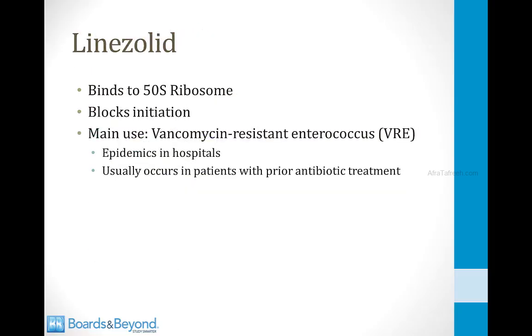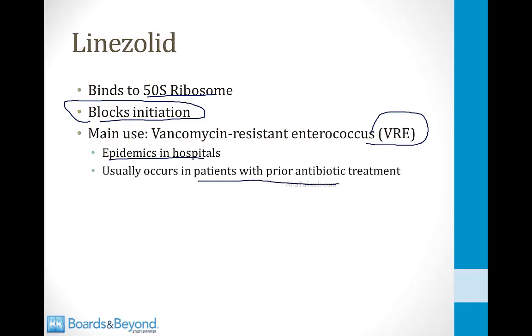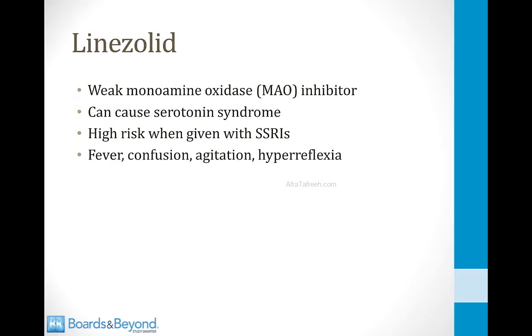Linezolid is a protein synthesis inhibitor that binds to the 50S ribosome and blocks the initiation of protein synthesis. And its main use is in treating vancomycin-resistant enterococcus, or VRE. This bacteria is very dangerous and has caused epidemics in hospitals. It usually occurs in a patient who's been treated with antibiotics previously and now is sick with a resistant bacteria. A special side effect of linezolid to know about is that it's a weak monoamine oxidase, or MAO, inhibitor.